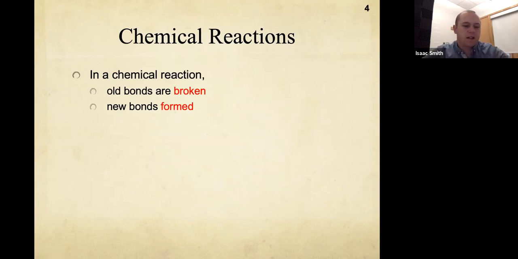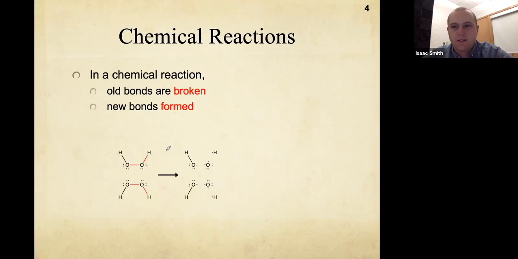Fundamentally, in a chemical reaction, bonds are breaking and then bonds are forming. To illustrate that with the demo we would have just seen, you have hydrogen peroxide here on the left side: hydrogen bound to oxygen, then to another oxygen, then to hydrogen. These red bonds are going to break when the chemical reaction occurs.